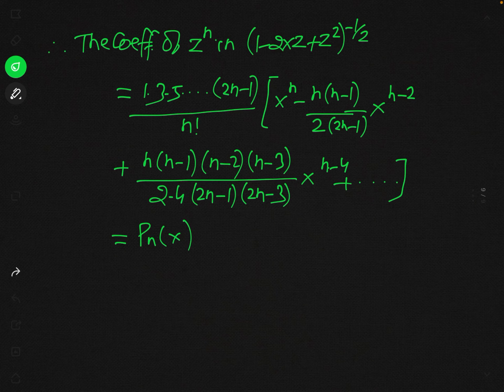So from here you can see that in the expansion of the generating function 1 minus 2xz plus z square whole to the power minus half, you can find all orders of Legendre's polynomials.